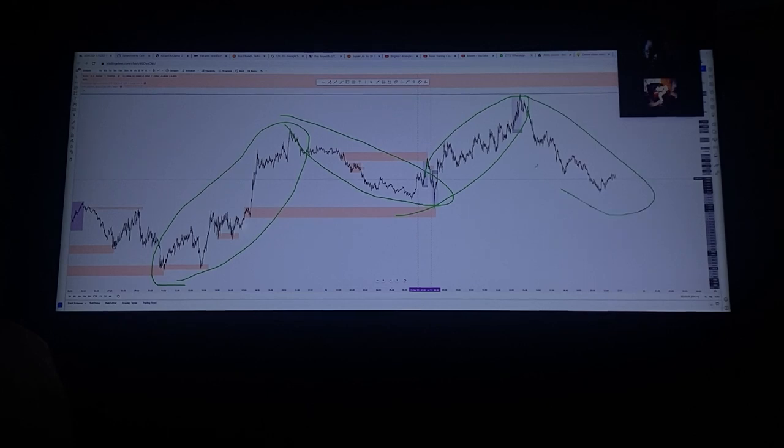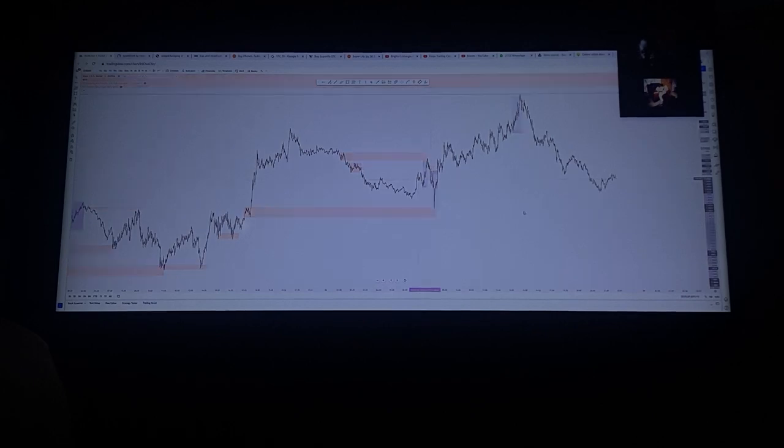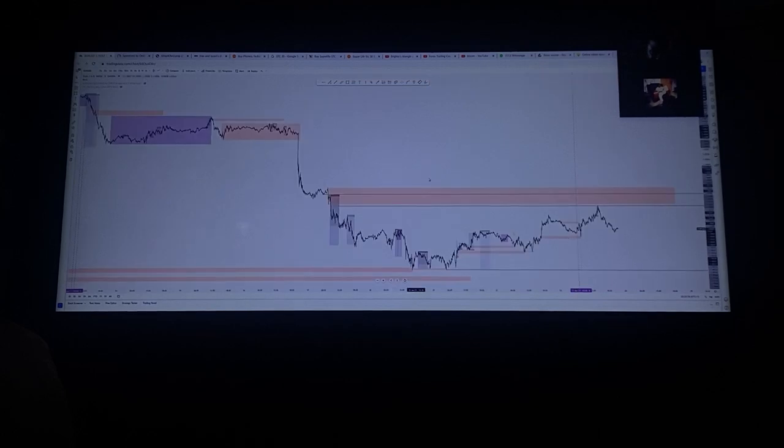We're in the downtrend. But now, let me go to 5 minutes. Look at this. What trend is this? Just consolidation or range. Exactly. So it's not just about this time frame.